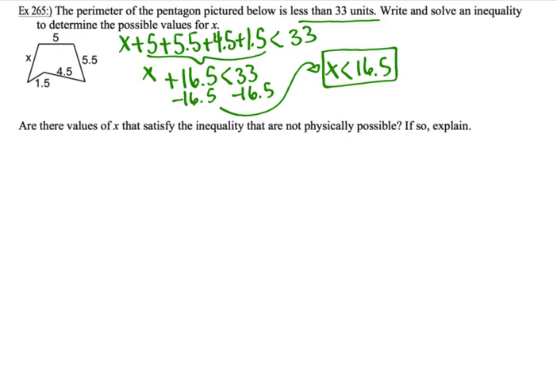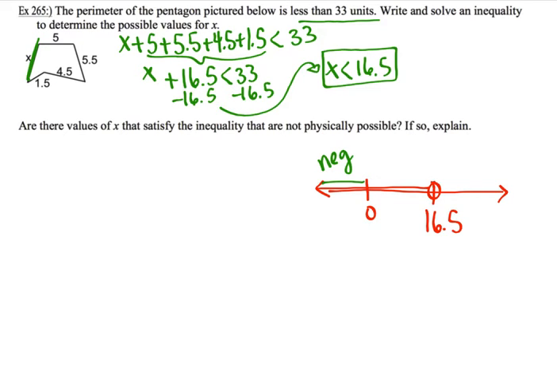Now, question: are there values of x that satisfy the inequality that are not physically possible? If so, explain. I want you to think about this for a moment. 16.5 is not included, but everything smaller than it is. Well, the number 0 is going to happen here somewhere, and numbers over here in negative land don't make any sense because we are talking about the length of a side of a polygon.